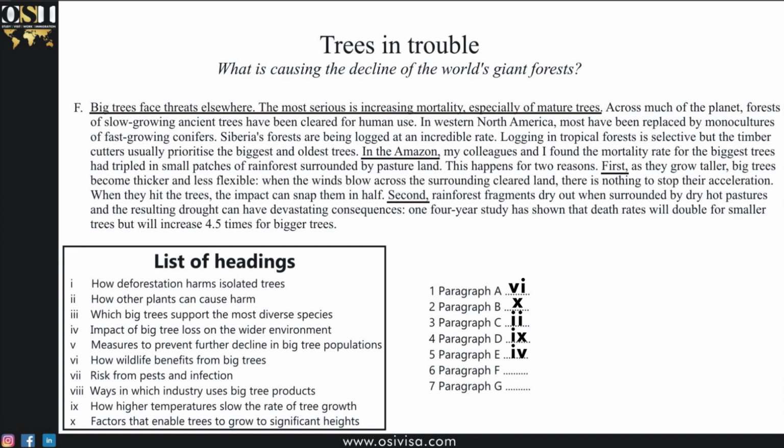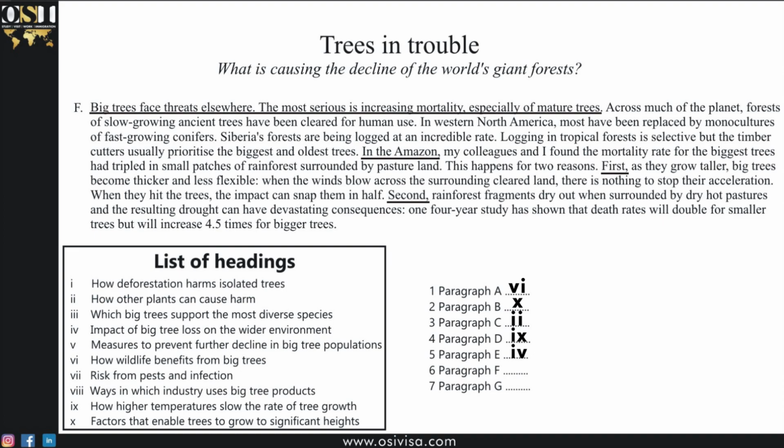So unless they have given such instructions, whatever headings you choose as your answer, just cross them out of the box with your pencil. That way, when you're doing the next paragraph, you don't get confused as to which heading matches perfectly. You can just ignore the ones that have already been taken and choose from the few remaining ones that are still unclaimed. So alright, let's do the next paragraph.